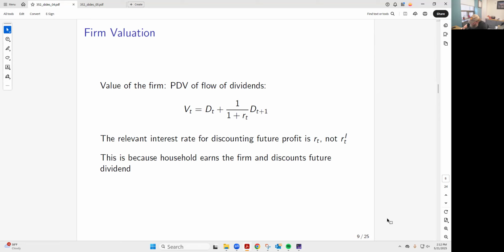And again, remember here that the relevant interest rate for discounting future profit is that RT, not RI. So this is the capital finance interest rate, but we do not discount future flows of money by finance charges. We discount future flows of money by consumer interest rates.